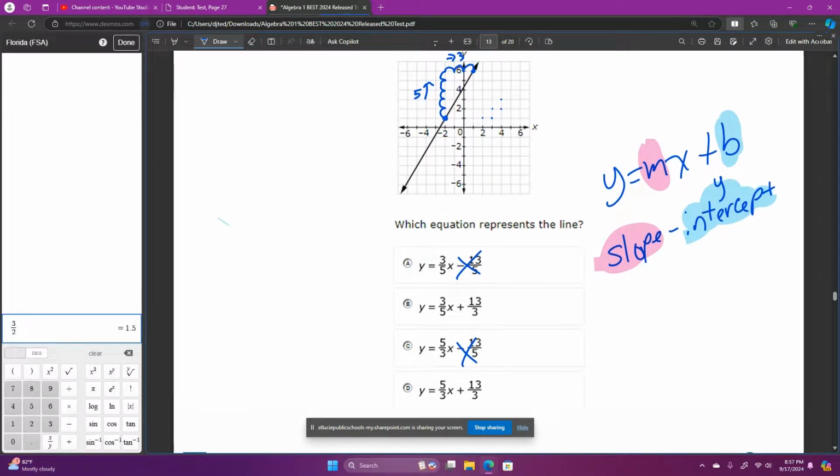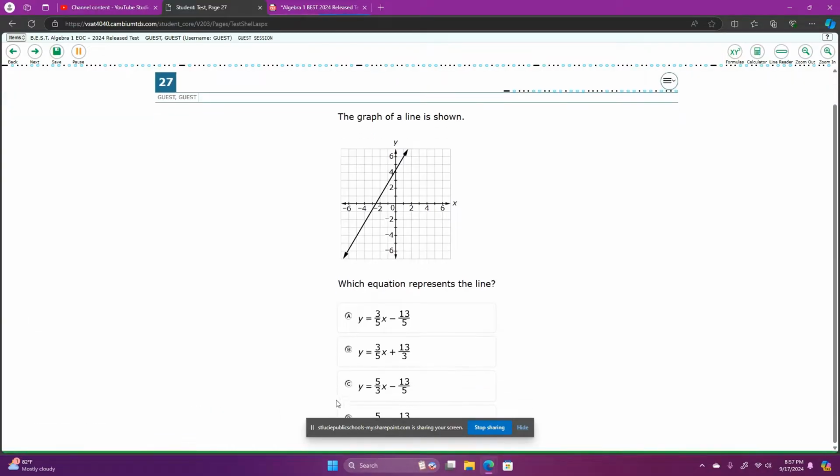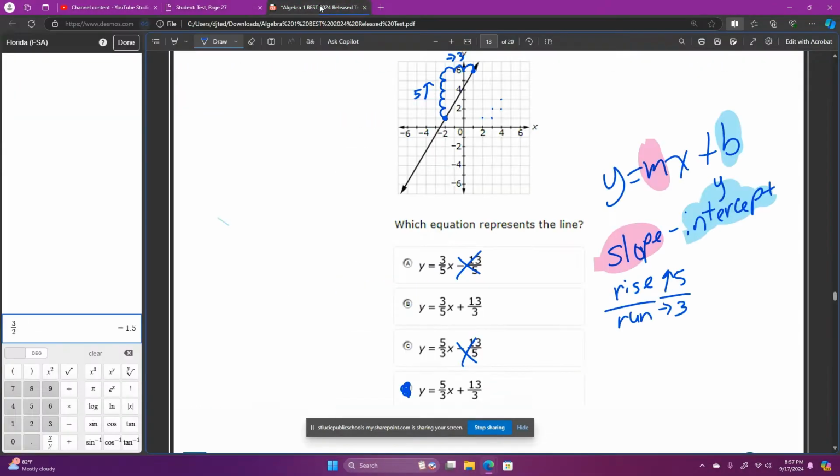So we went up 5, we went over 3, so our slope is 5 over 3 in front of the x, 5 over 3. Answer choice D is correct. And question number 27, if you want to practice this on IXL, we have lesson 9GW in IXL.